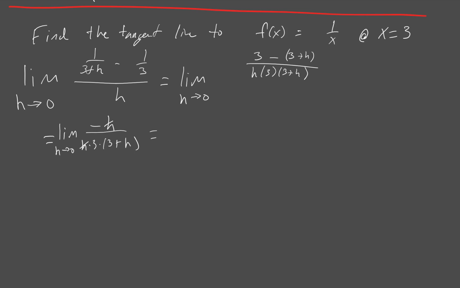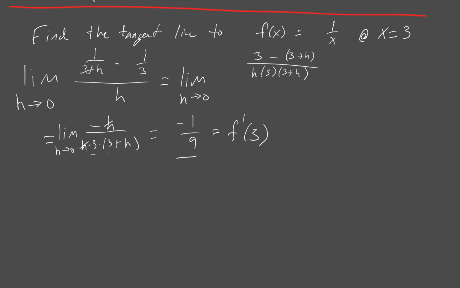And so when I plug in 0, I end up with just the 3 and the 3 on the denominator and a minus sign on top, so minus 1/9. So the slope, this is f prime at 3, and that's the slope of my tangent line. To have a line, I need a direction and a position, or a slope and a point.